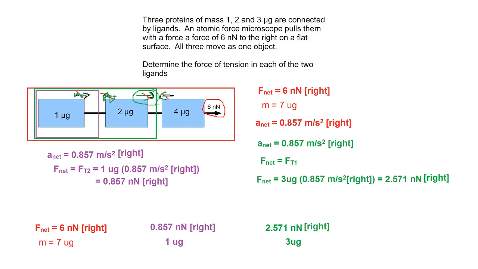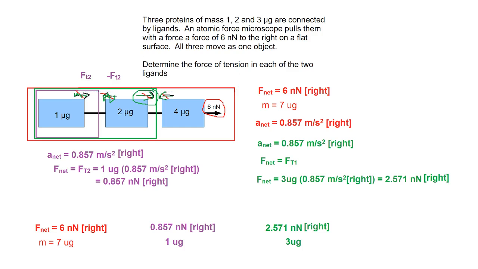If you prefer to use a more algebraic technique, what you can do here is put in all of these forces. So you'll have the first force of tension. Here you'll have negative force of tension. These are 2's. You can put all these in. So here you'll have force of tension 2.